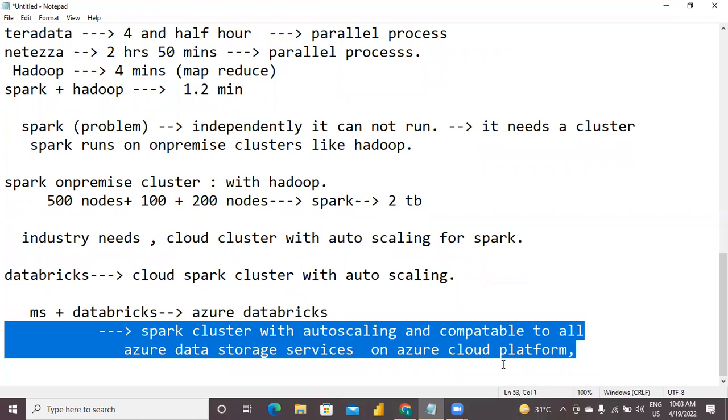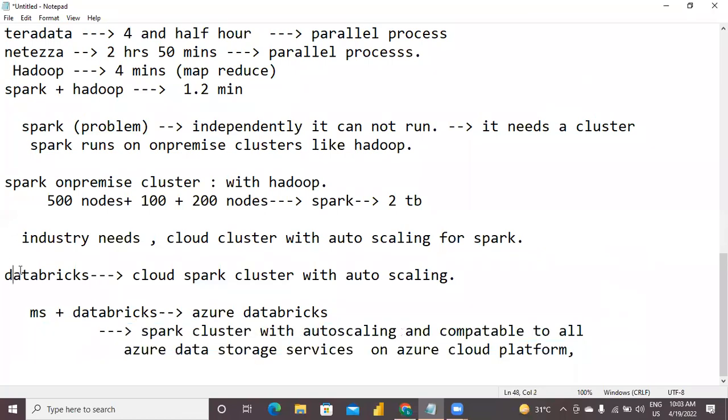This comment you can make. This is not a definition. This is just a comment, a statement. Got it? Got the difference between a normal Databricks and Azure Databricks.